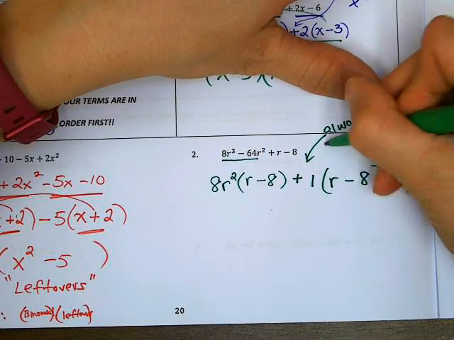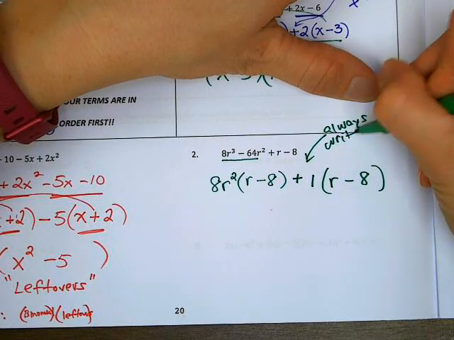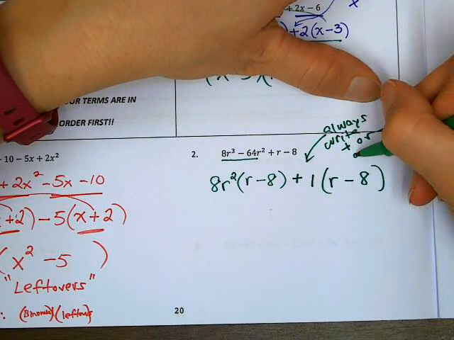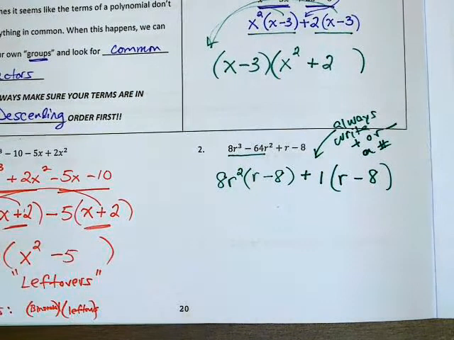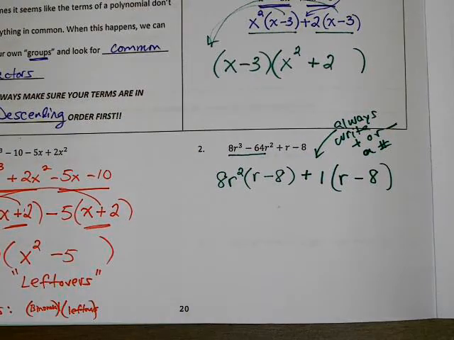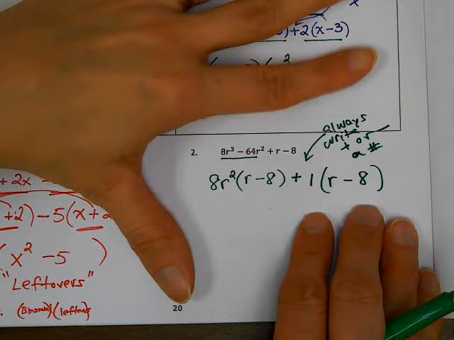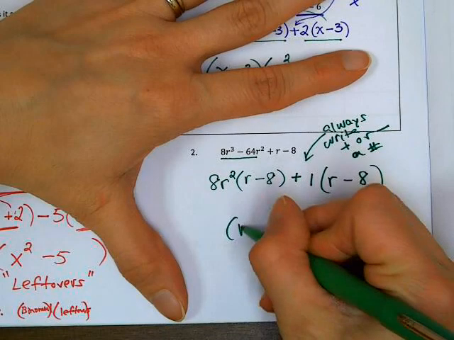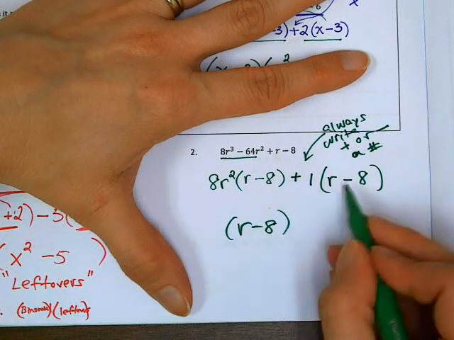Always write plus or minus a number. Plus or minus a number. And if there's no number, then say 1. Okay, and here's the reason why. The common binomial that they both have is r minus 8.